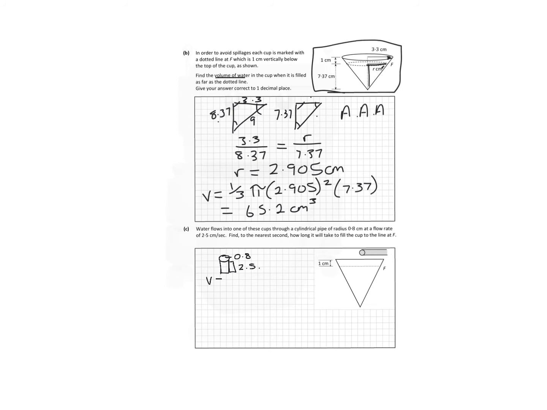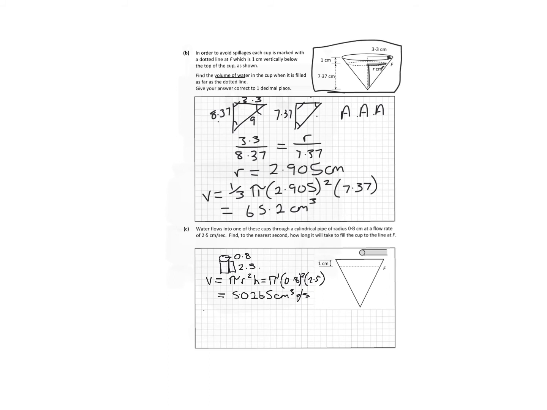So first of all, find the volume of a cylinder, which is pi r squared h. That gives me pi by 0.8 squared multiplied by 2.5, which is 5.0265 centimeters cubed, and that's per second. That's how much water is entering.